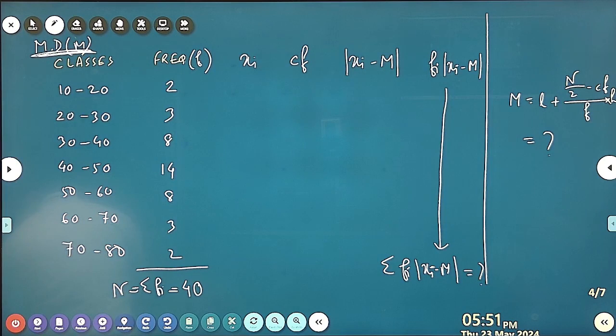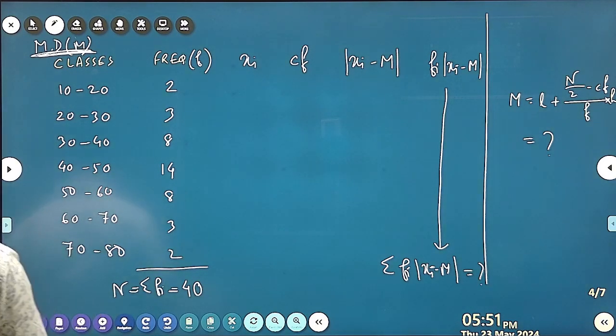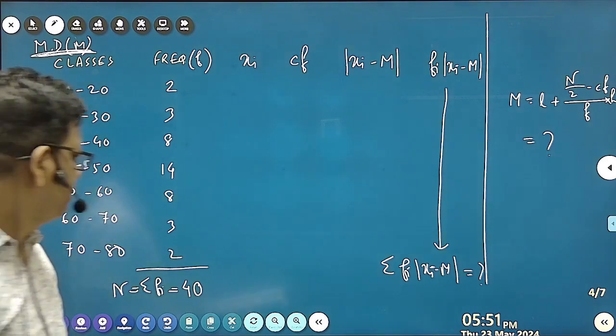So I am going to start. Please write the headings, and this much is only required. Now I am going to page number 322. Carl Pearson's and Bowley's coefficient of skewness. Easy topic. It's not that difficult. Alright.